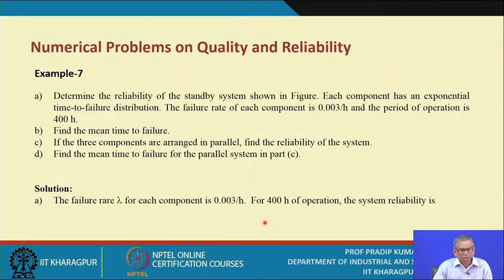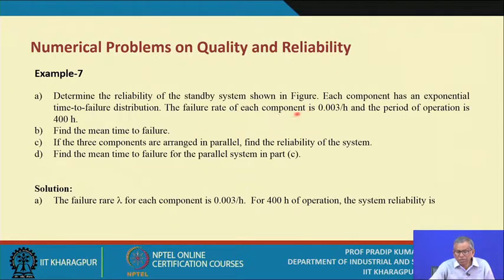So the reliability of the standby system you have to determine. Each component has an exponential time to failure distribution. That means we are saying that these components are not in the burn-in phase, but they are in the useful life phase. Okay, you refer to the life cycle curve.